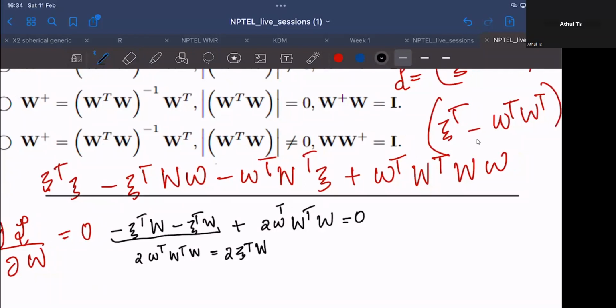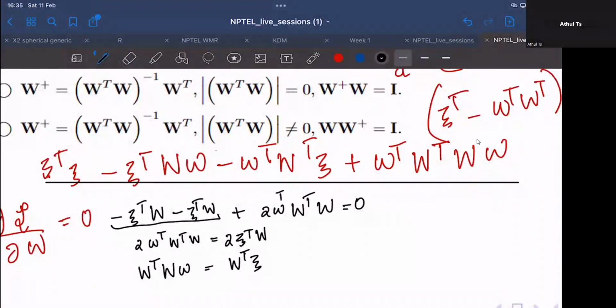It will be W transpose W omega equals W transpose zeta. And so omega would be W transpose W inverse W transpose zeta.